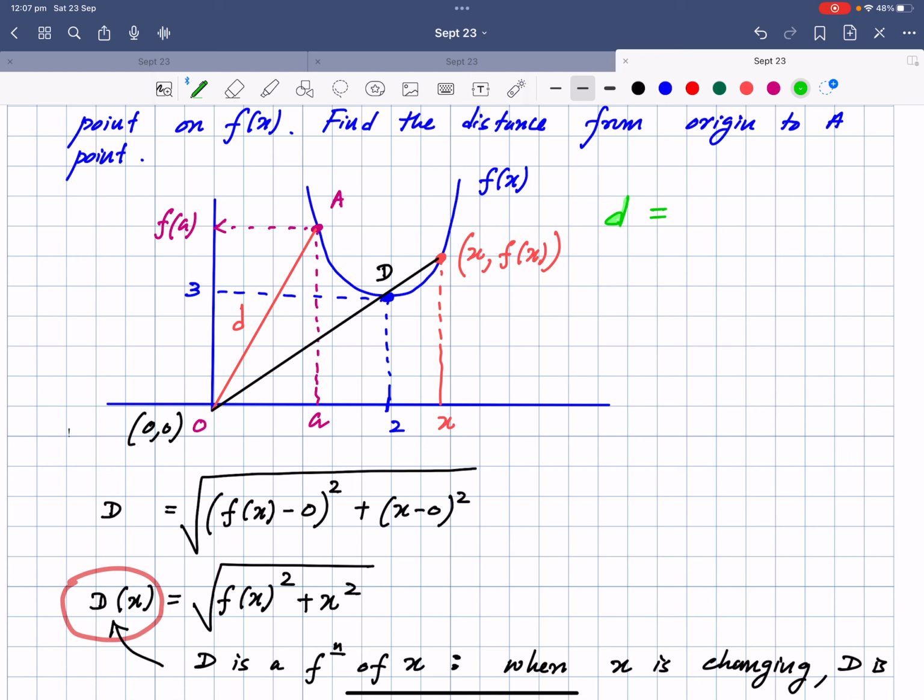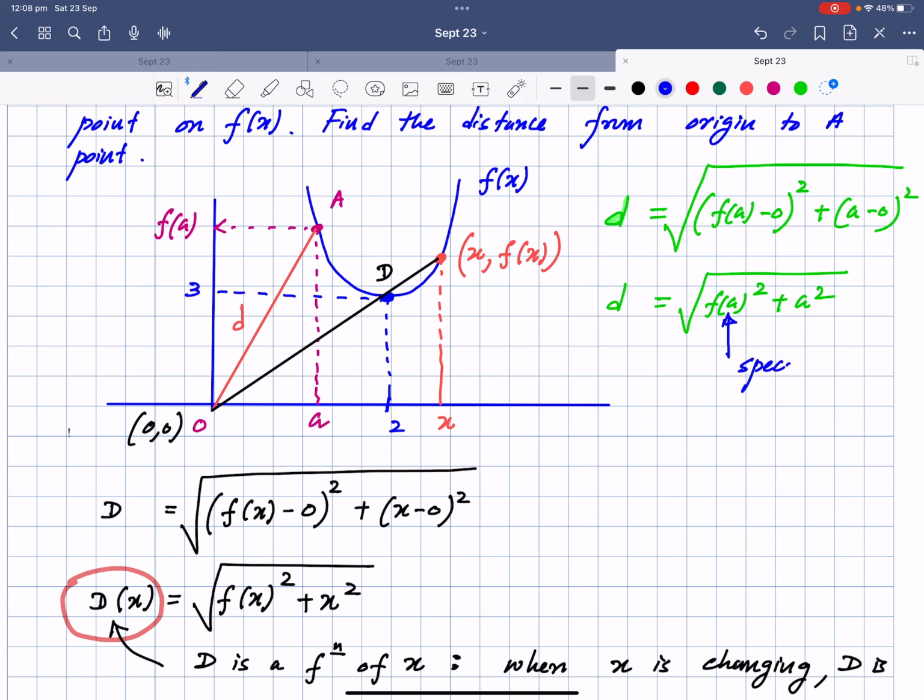That would be d equals the square root of (f(a) minus 0) squared plus (a minus 0) squared, so d is equal to the square root of f(a) squared plus a squared. Now this a is a specific x coordinate.